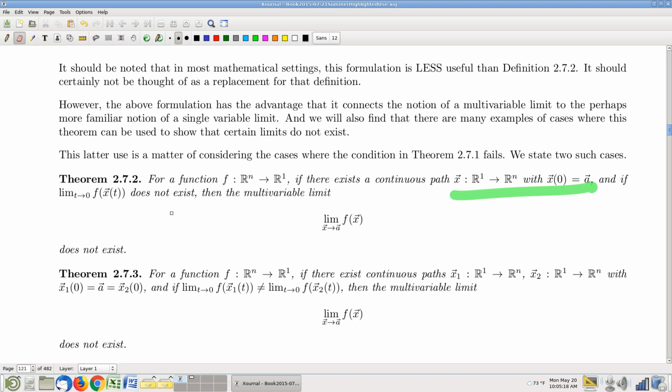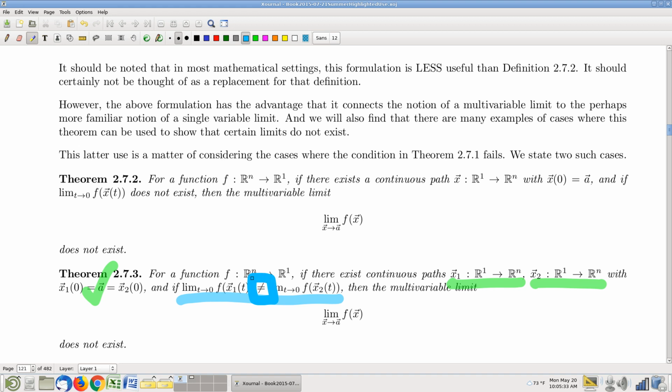And even more useful, if you look at two different paths approaching the same point, and along those two paths you get different answers, any suggestion of a discontinuity in this sense, then the multivariable limit does not exist.